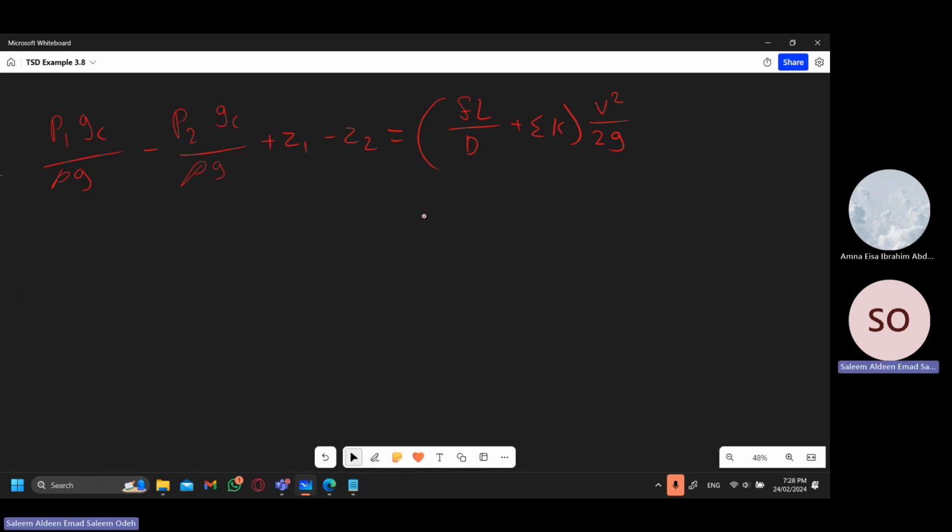This is the exact same equation I used last question, the modified Bernoulli equation. I just rearranged it to how I would like it to be.